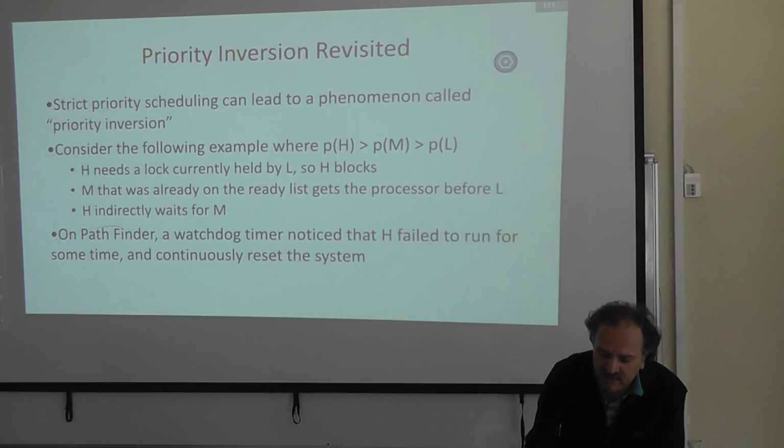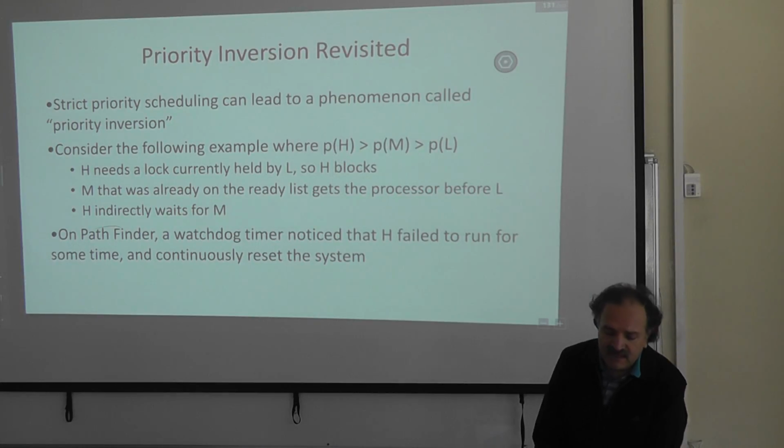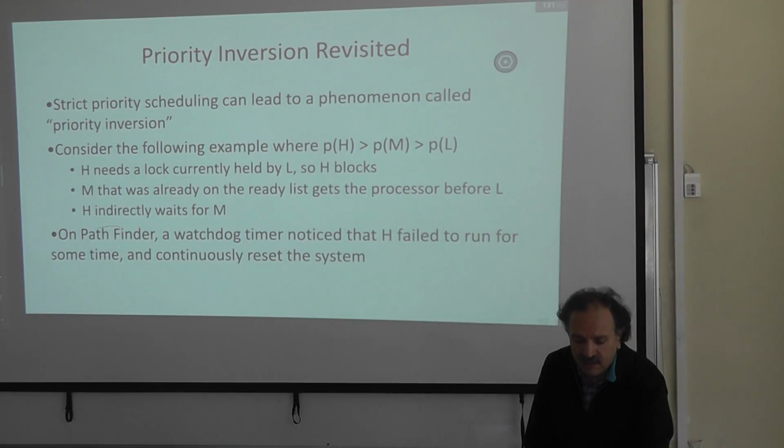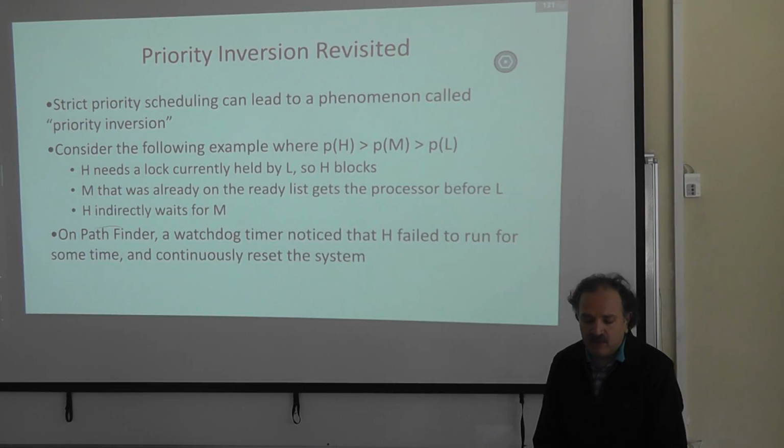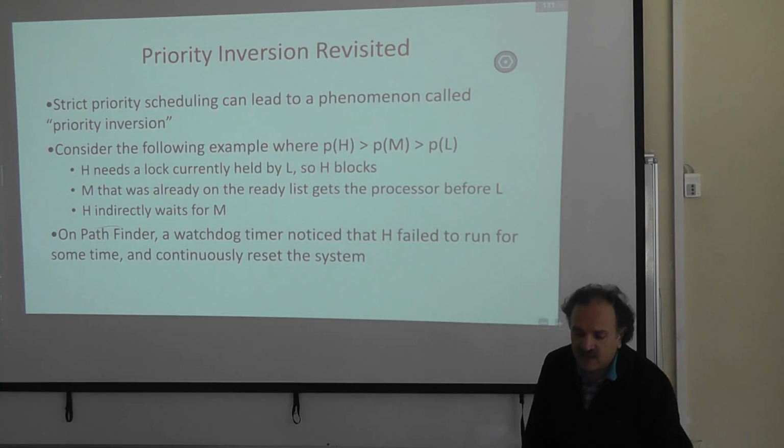If L never releases the lock, H will never run. But H has a higher priority than M. In this case, what is happening? H indirectly waits for M, even though it has a higher priority. H has to wait for M, which is called priority inversion.